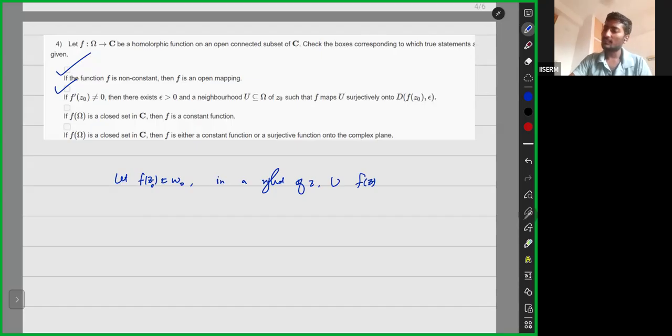Let's say f of z is equal to w naught plus I of z to the whole power m, where I is something.